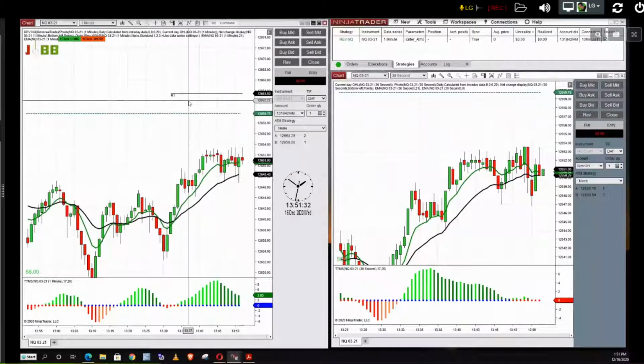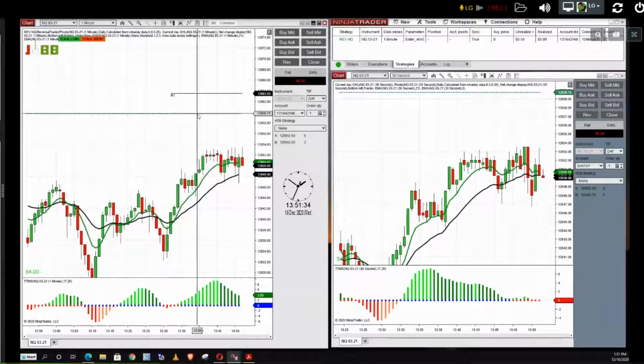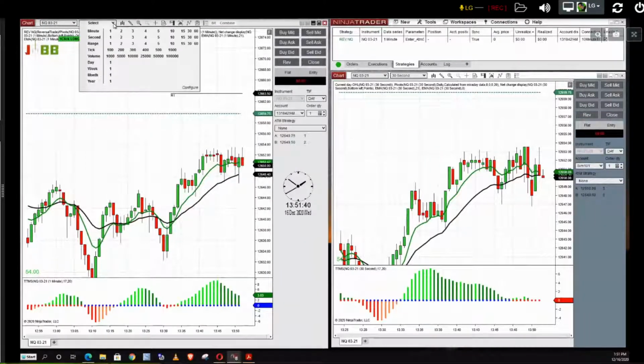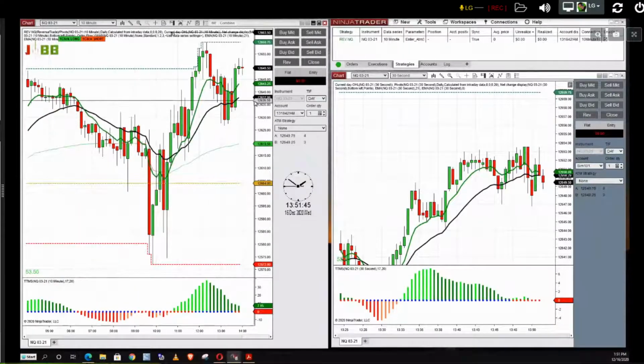So my feeling is this: if it goes up to the high of the day, I'm definitely tempted to look at a reversal there. It tested the high of the day back at noon, and then it retested it at 12:20, and it hasn't tested it for a couple of hours.